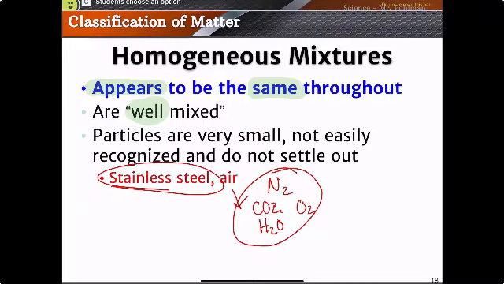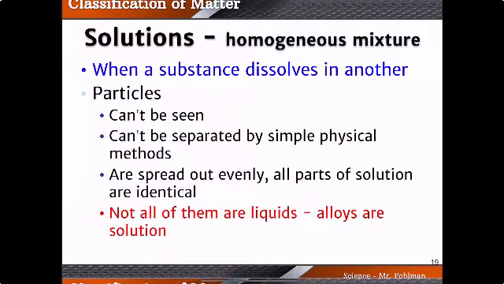All right. So our solutions, like I said, the particles of them cannot be seen. Why is that? Well, again, when we're looking at particle sizes, they're less than 1 nanometer. Really tiny. You can't see them. The second thing that identifies a solution is they cannot be separated by easy physical means.